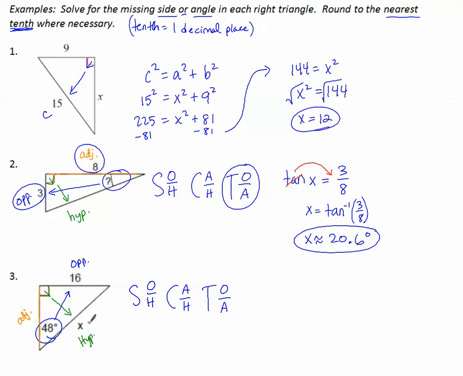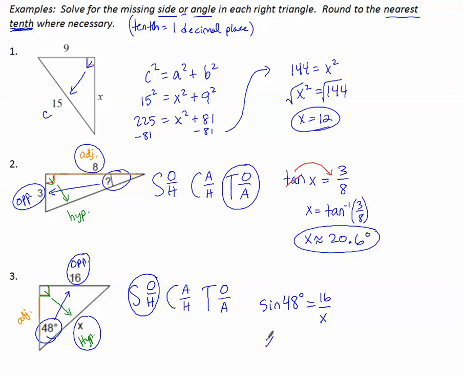So I need to use what's given. That side is the opposite, and I need to find the hypotenuse. So if it's opposite and hypotenuse, it's sine. So I will write sine of 48 degrees equals opposite over hypotenuse, so 16 over x. Remember that when x is in the denominator, we divide. Denominator means divide.